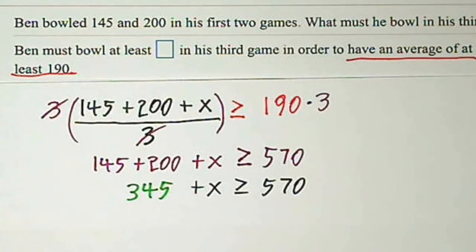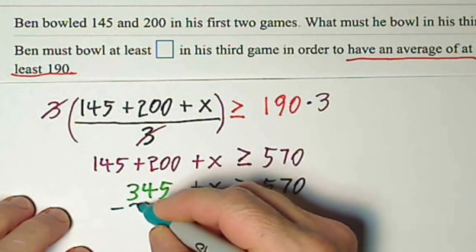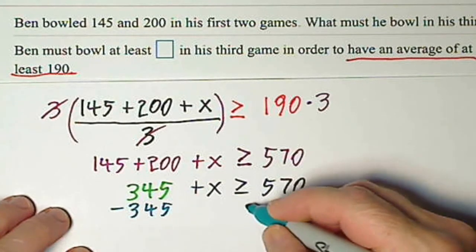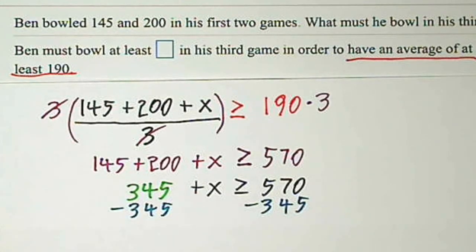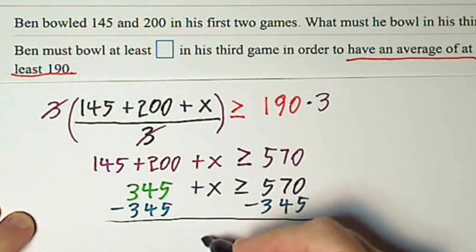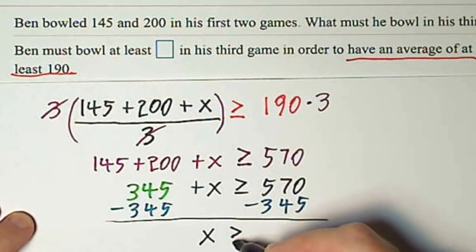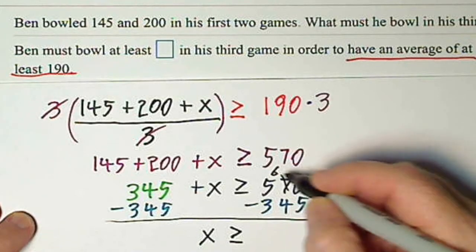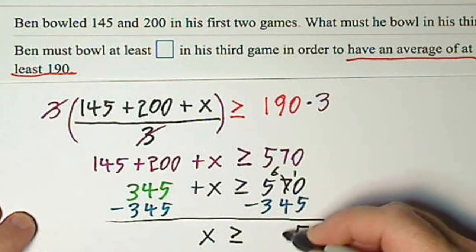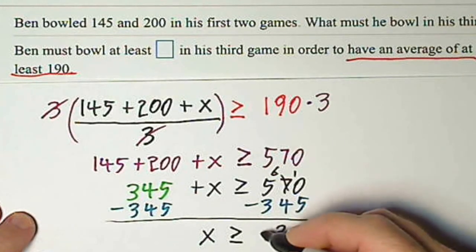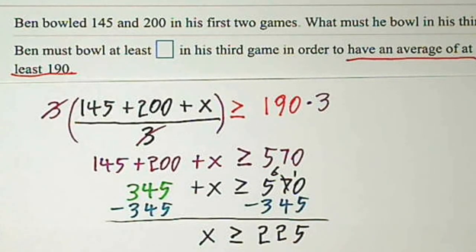Get rid of that 345. And we have x greater than or equal to 225. Alright, so in Ben's third game, as long as he bowls 225 or better, his average will be at least 190.